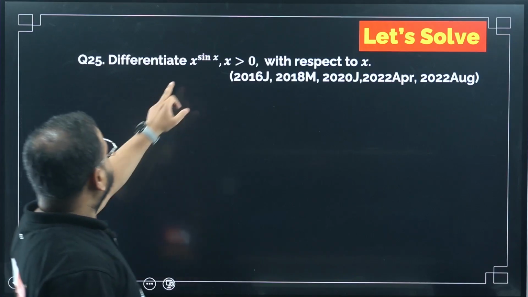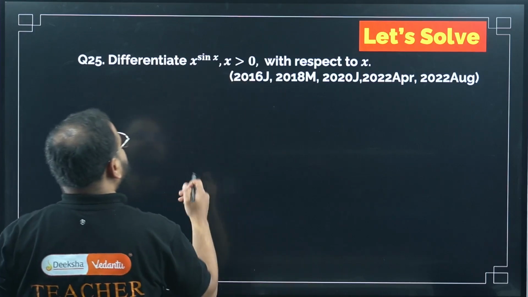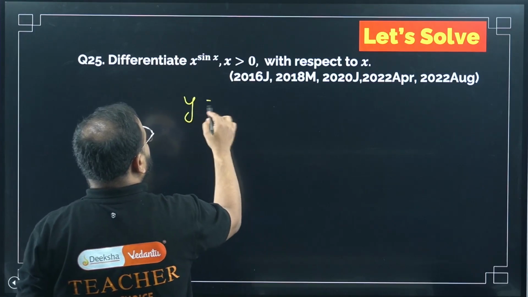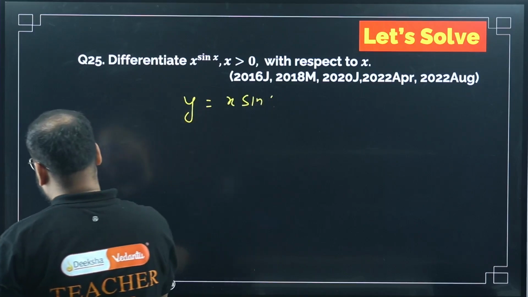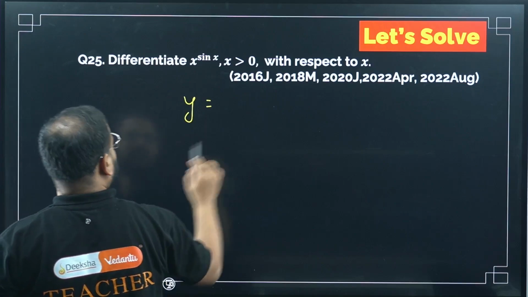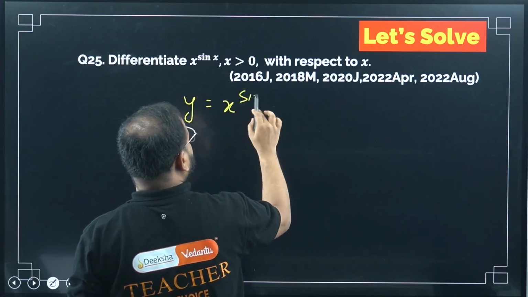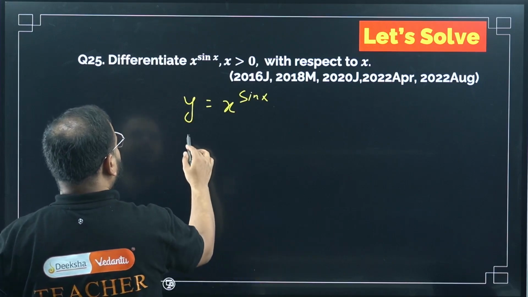Again, power is there. The given function is y equals x power sin x. Differentiate with respect to x means simply dy by dx they're asking.